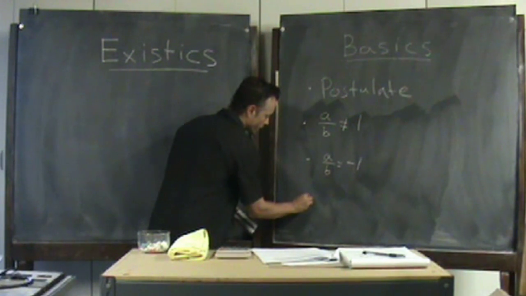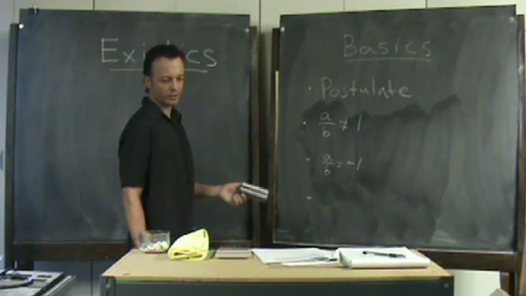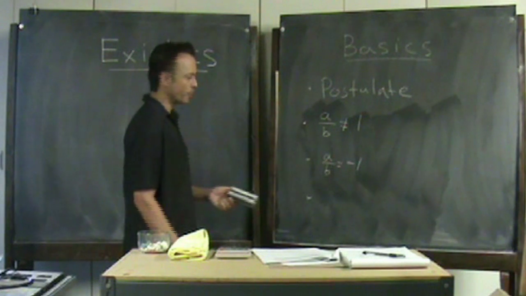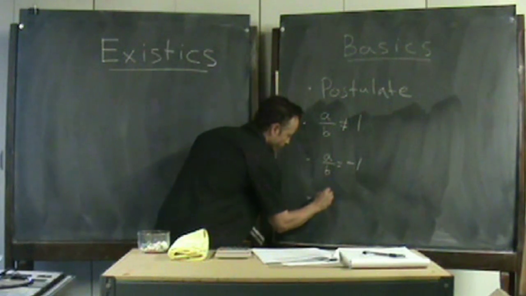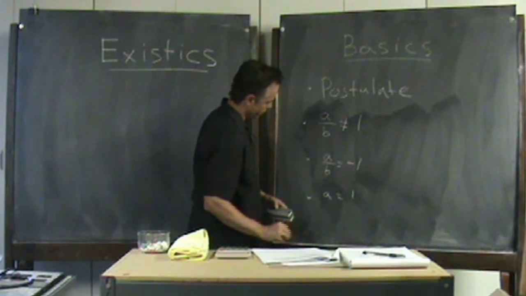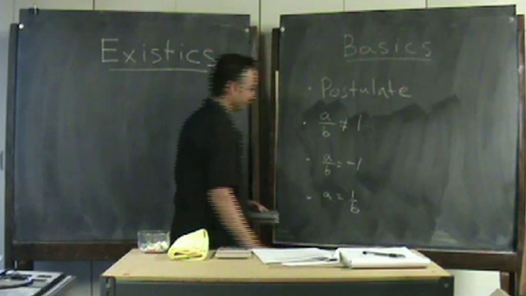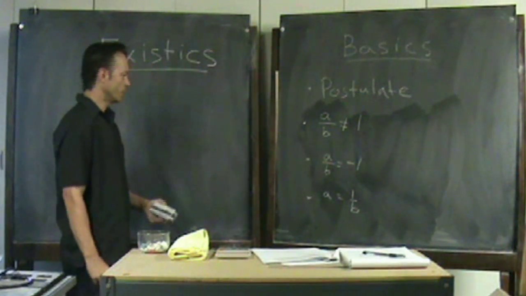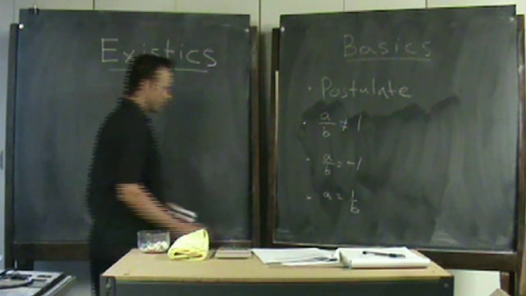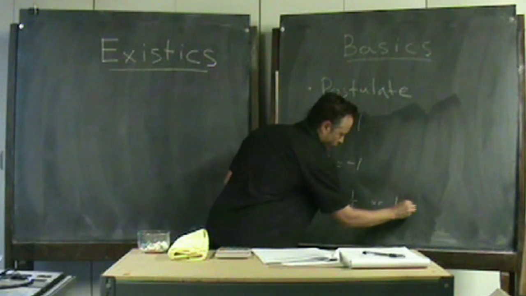And then the third, no two things are perfectly complementary. That'll just be a equals 1 over b, or b equals 1 over a.